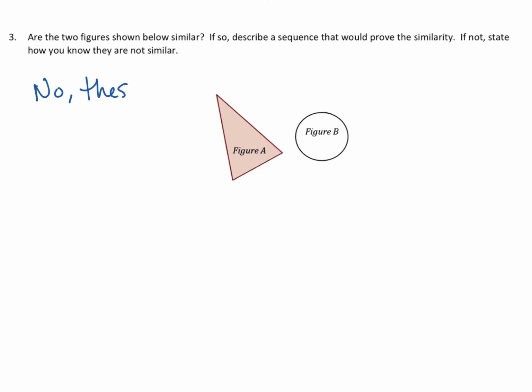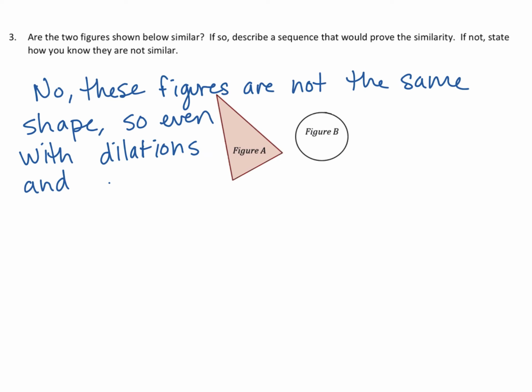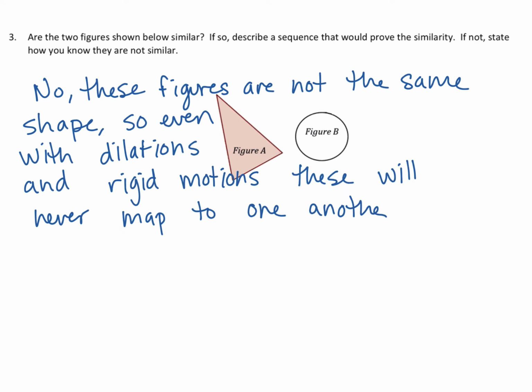These figures are not the same shape. So even with dilations and rigid motions, these will never map to one another or be similar.